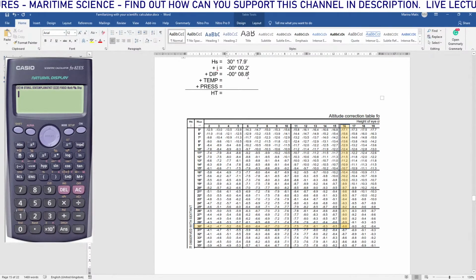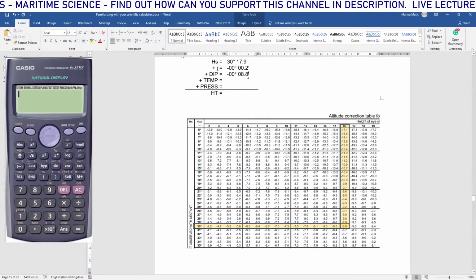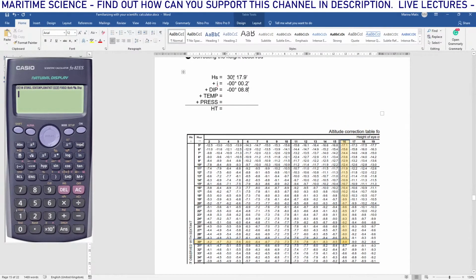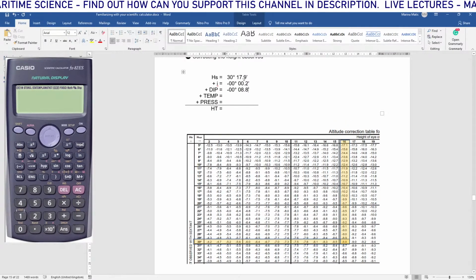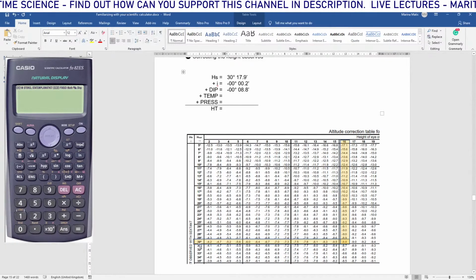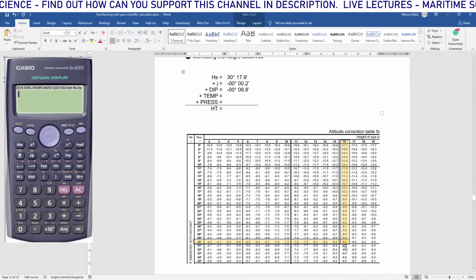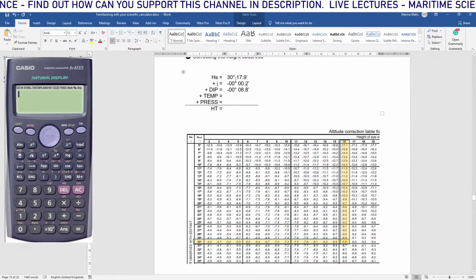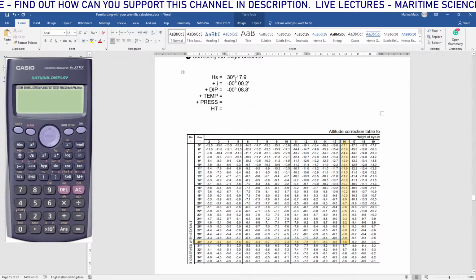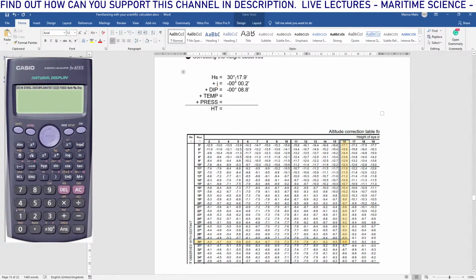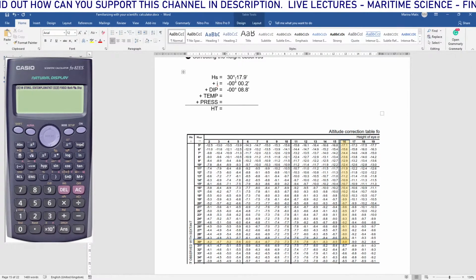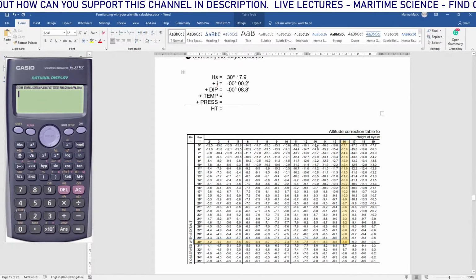So it's either 8.8 or 8.7. If our height was 30 degrees 37.9, we would not pick the value for 30, we would pick the value for 31, and we would put 8.7, because 30 degrees 40 minutes is closer to 31 than it is to 30 degrees. And that is how you use the data from this table.